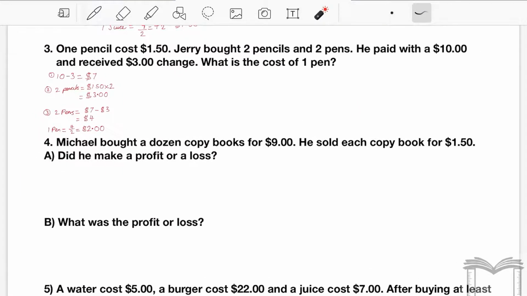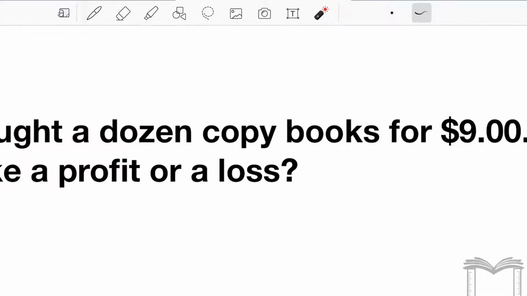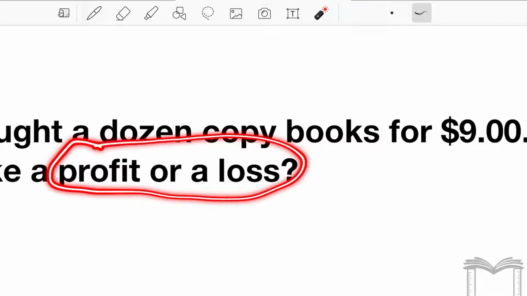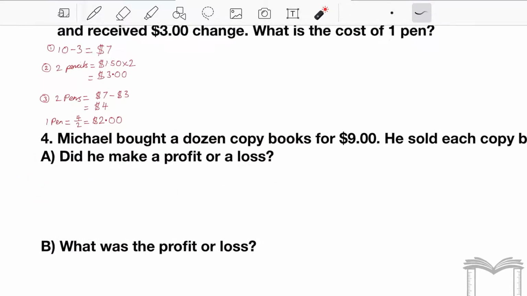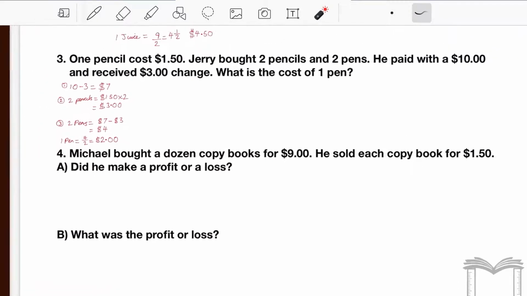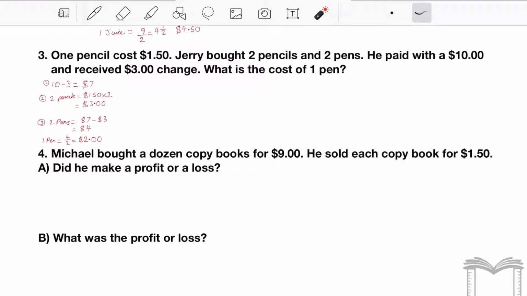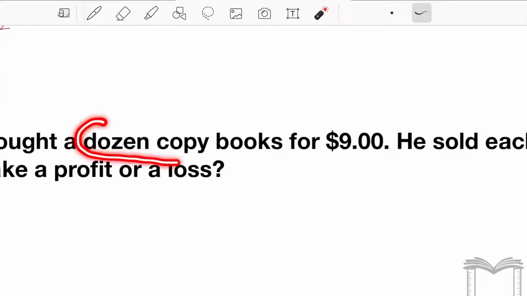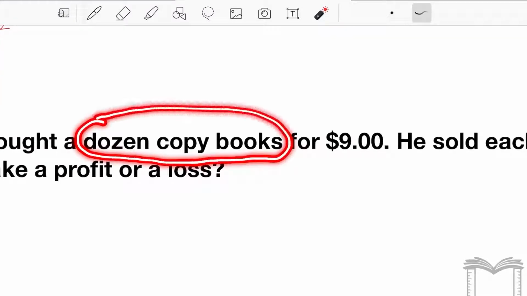So, are they talking about the profit or loss for one copybook or for 12 copybooks? I will assume that they are speaking about the dozen copybooks because this is what they mention.